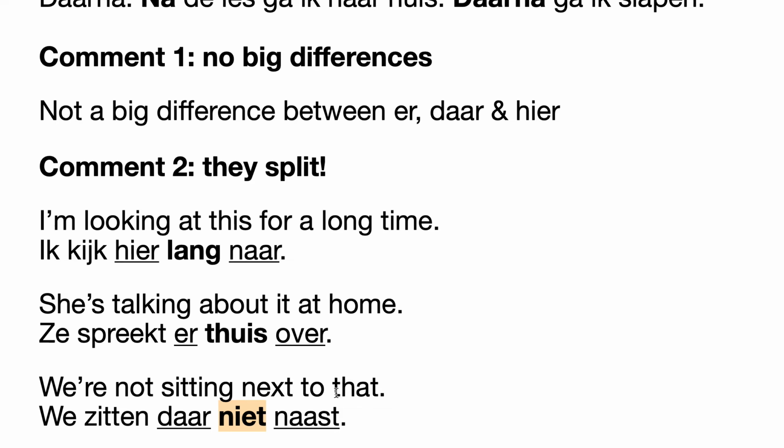We're not sitting next to that. If there's more than one word, I can add it here. Ze spreekt thuis niet over. You can simply add more words there. She doesn't talk about it at home. So you can add the thuis there. Or well, you can add the niet there. Sorry. So, they split.